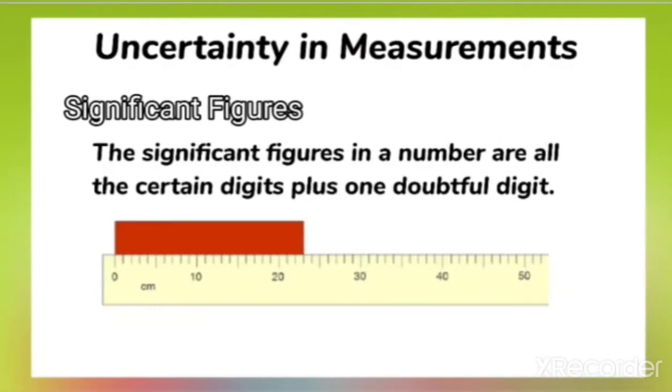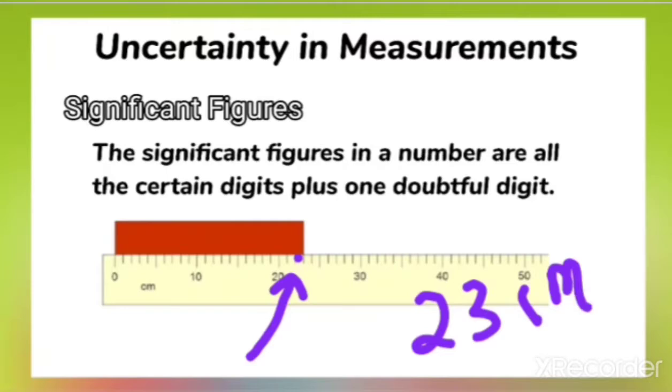In order to understand this, let us assume that we want to measure the length of a rod that is shown here. We have to measure the length of this rod with the help of a scale. When we look here, the length can be 23 centimeter.